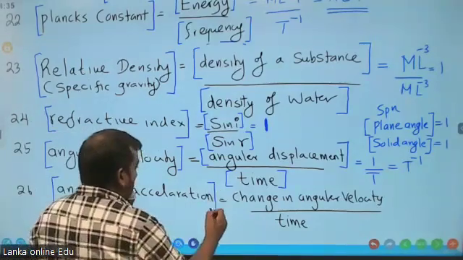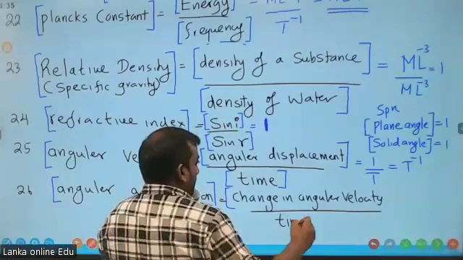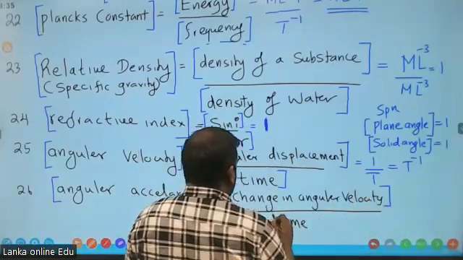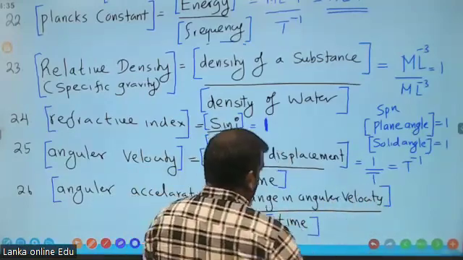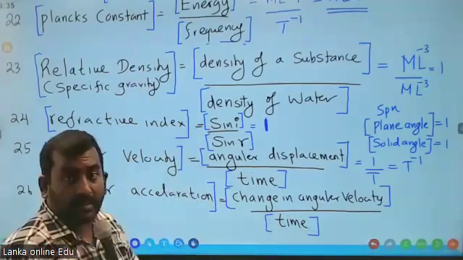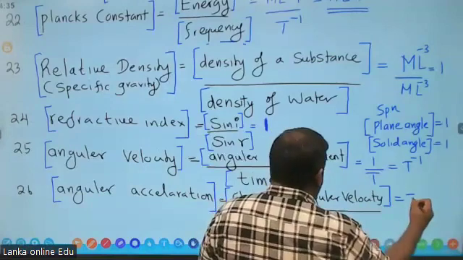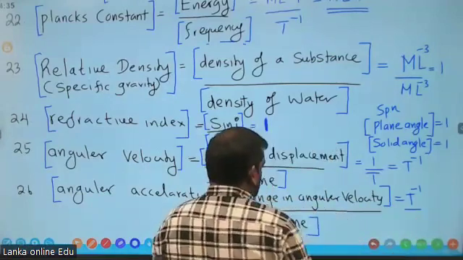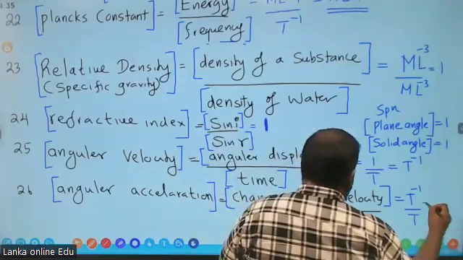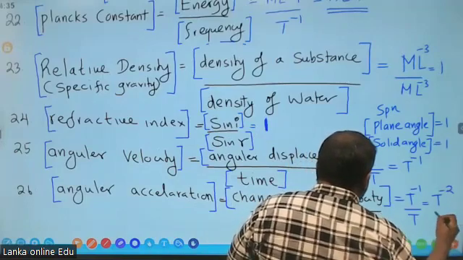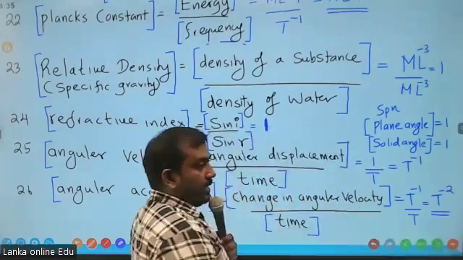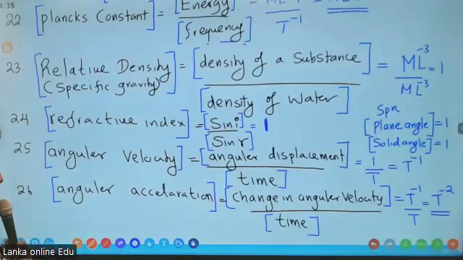Angular acceleration is change in angular velocity divided by time. Change in angular velocity is T minus 1, divided by time T, so T minus 2.